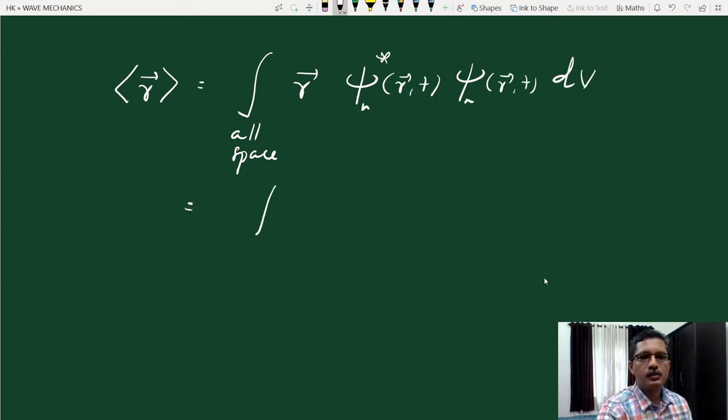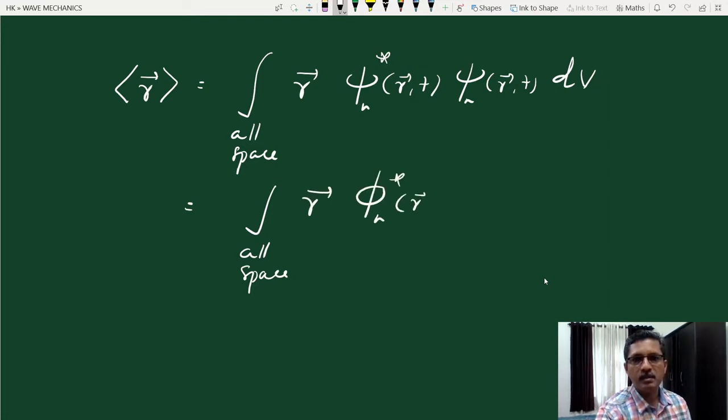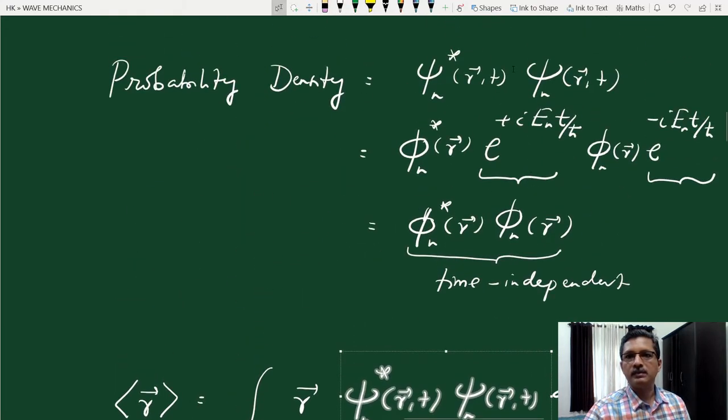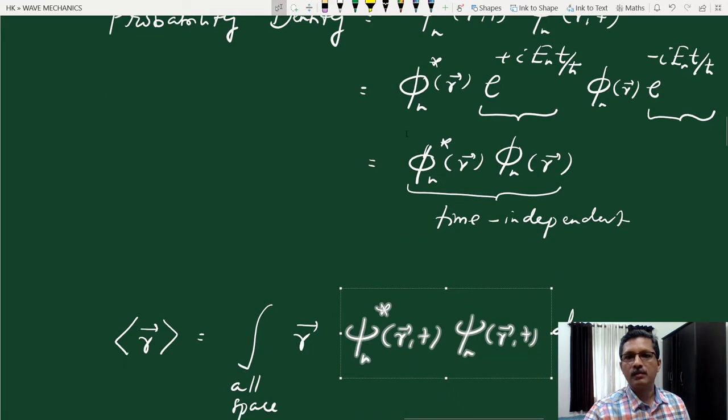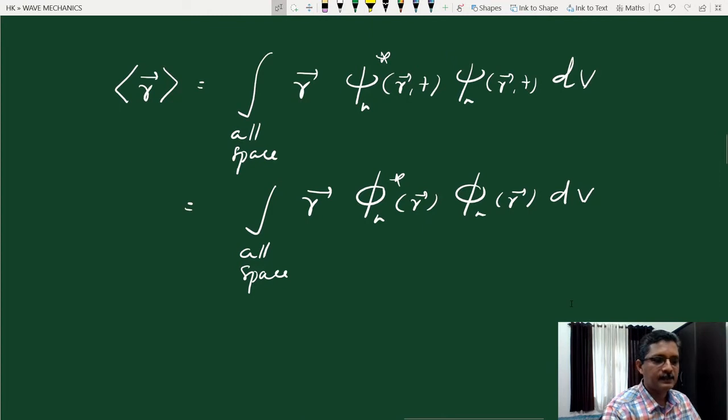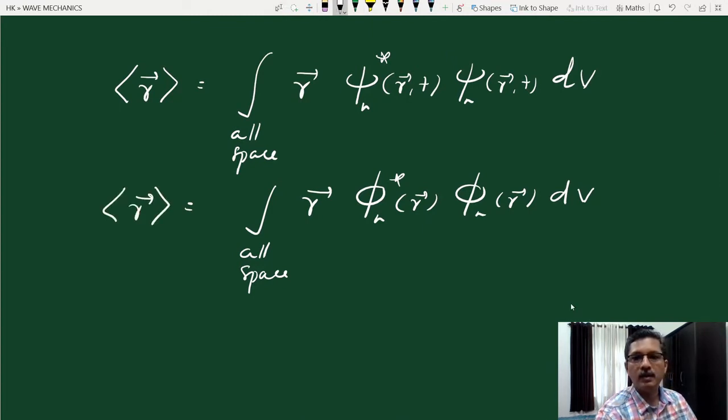Now again, if you substitute for psi n star and psi n, the exponential factors will cancel, and what remains is the integral of phi n star r phi n d tau. You can see that this part we have already seen. When you substitute for psi n star and psi n, we get phi n star phi n, right? Exponential factors will cancel. So we can see that this expectation value of r, the position vector of the electron, is again time independent.